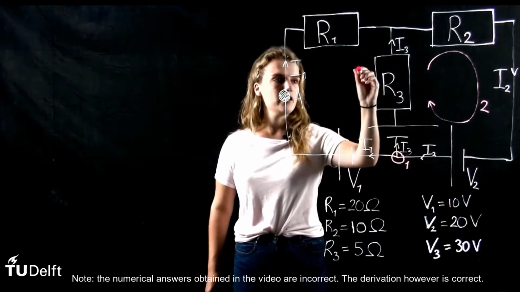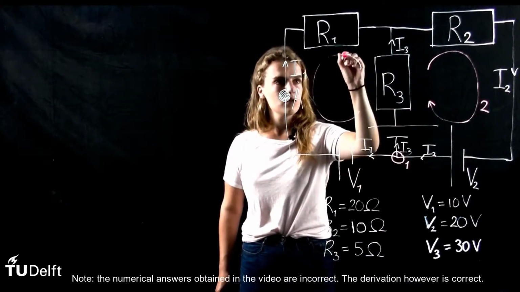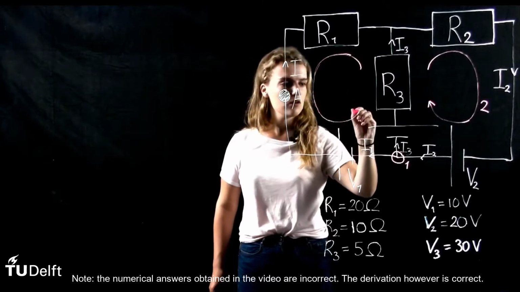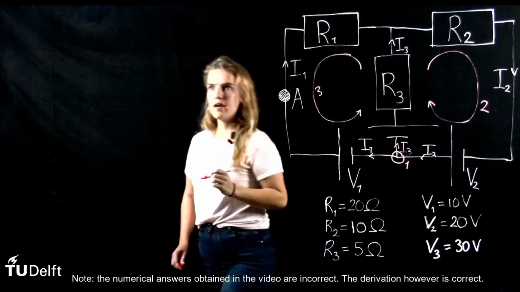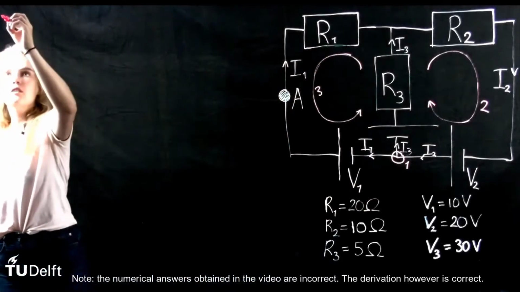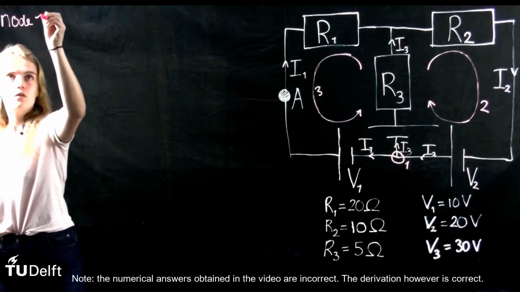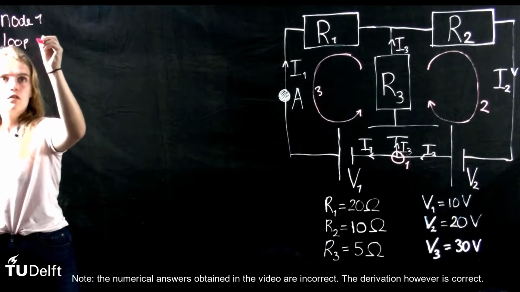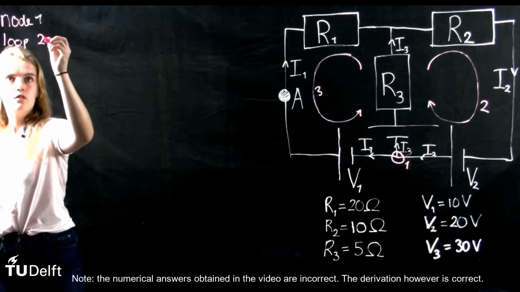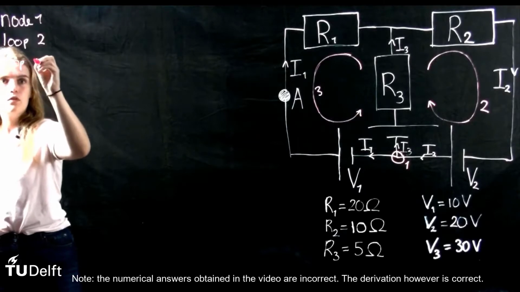And another loop here, which we call 3. So we have node 1, loop 2, and loop 3.